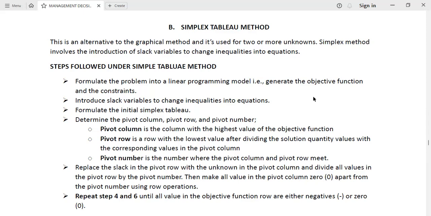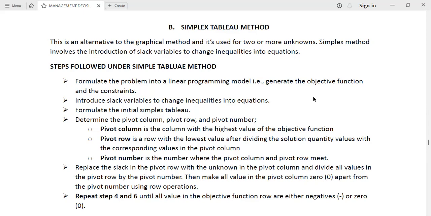The only reason we are getting involved with these slack variables is because we want to introduce them into the equations to remove the inequalities. And we said the slack variables are unutilized components within a given resource, or within the available resource. So that is the second step.